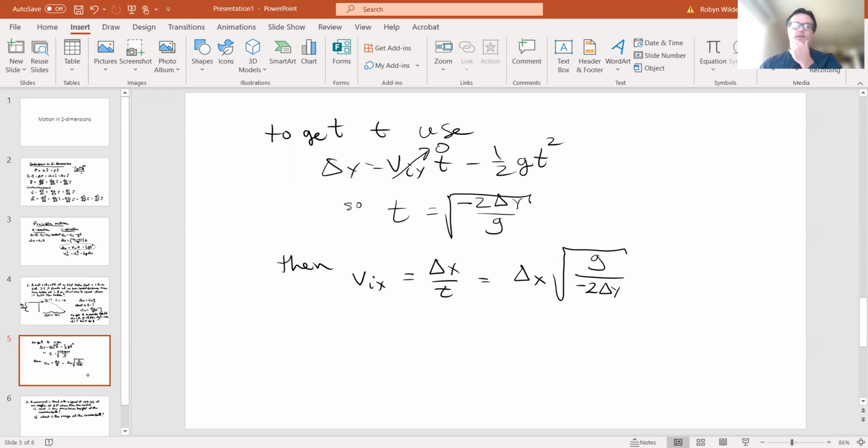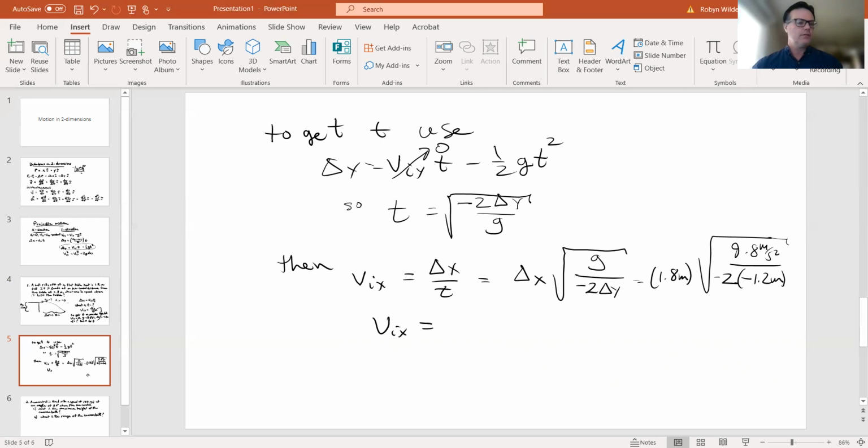Now I can plug in my numbers at this point. Delta x was 1.8. g is 9.8 meters per second squared, over -2 times delta y, which is -1.2 meters. And I think this comes out to be about 3.64 meters per second.